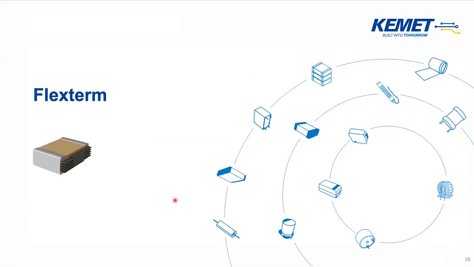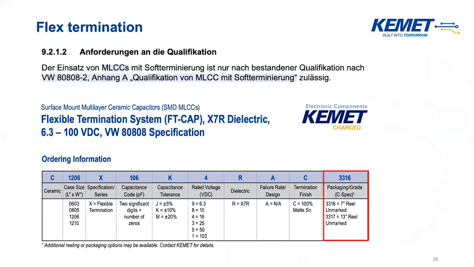Okay, so coming to the biggest thing. These are rules on how to use the component in the application. Then the biggest part of testing was FlexTherm, and that was where I think the whole specification comparison is coming from. In this section, you have to use soft termination according to 80808-2, Appendix A, qualification of MLCC with soft terminations.